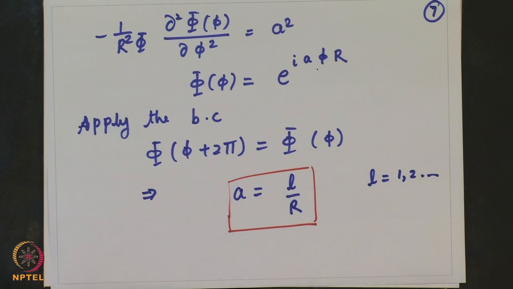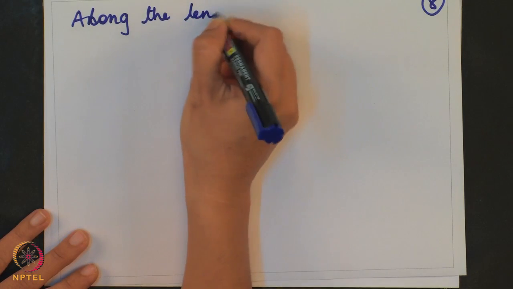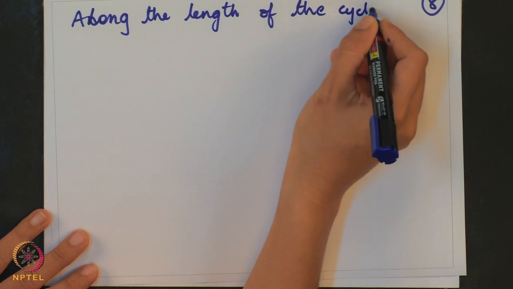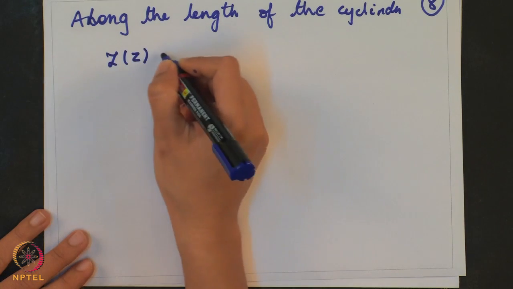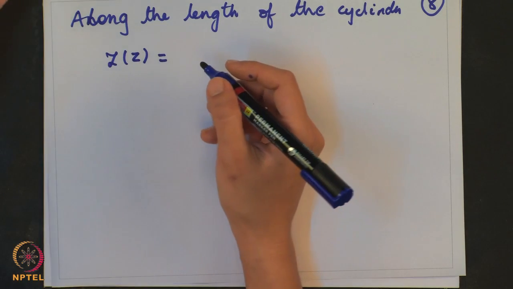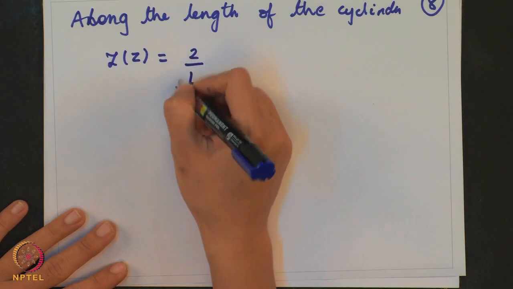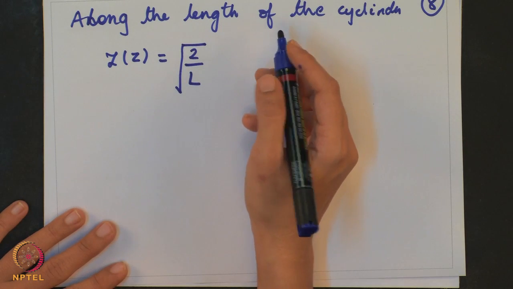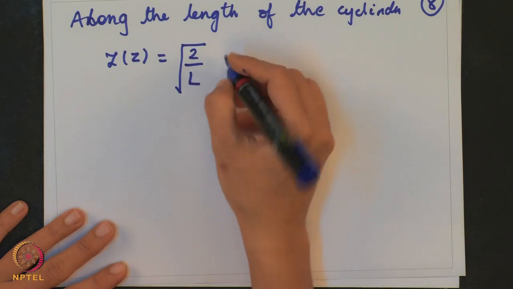The next step would involve calculating the second part, that is the B part, along the length of the cylinder, which is like a particle in a one dimensional box. I can write the solution simply as square root of 2 by L. This is the z component, that is the length of the cylinder, like a one dimensional particle in a box.